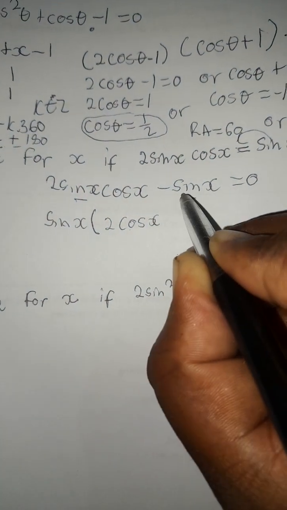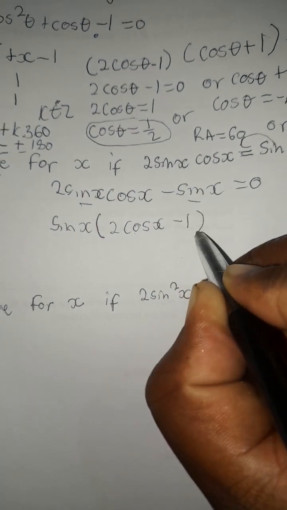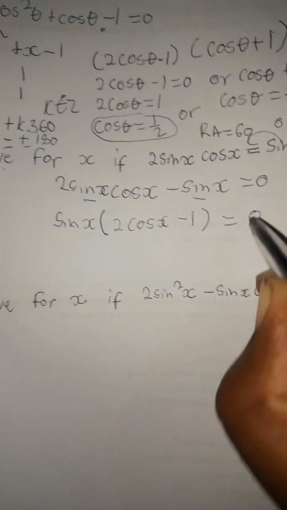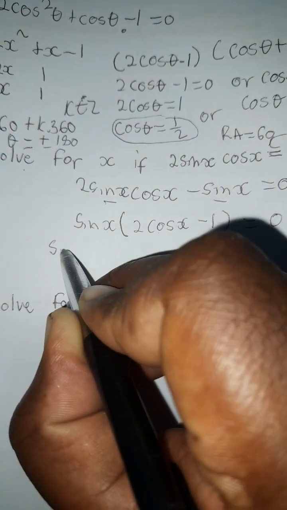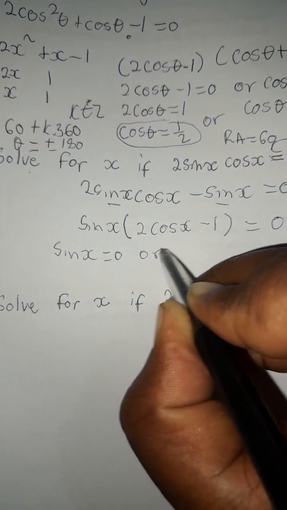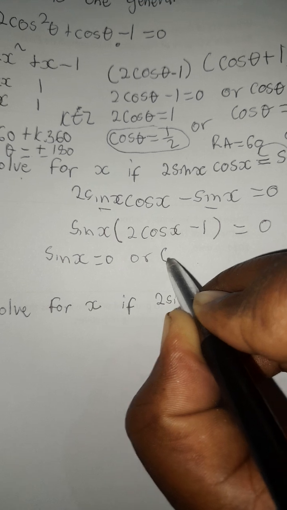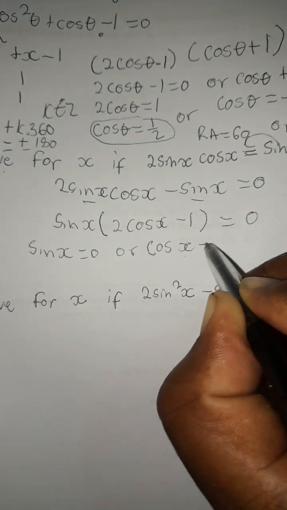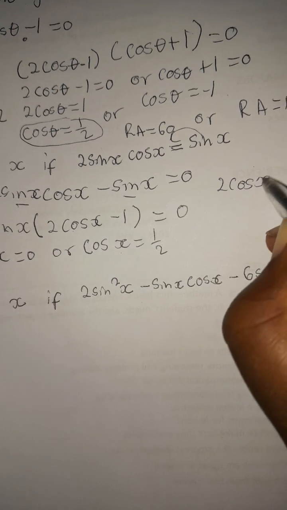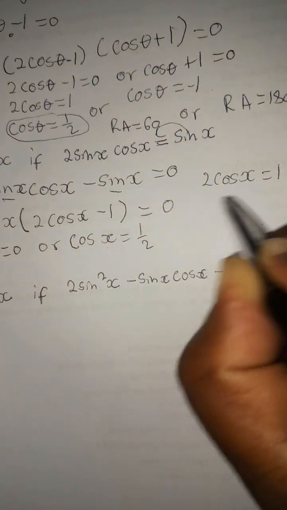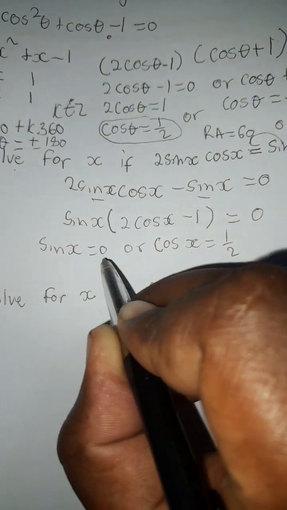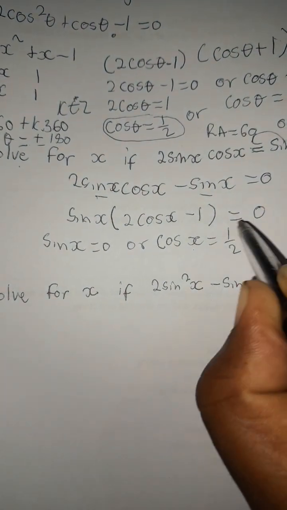For us to get to negative sine x, we need negative 1, because sine x times negative 1 will be negative sine x. Then you equate everything to 0. So you will then say sine x is equal to 0, or cos x is equal to half. How come it becomes half? Remember, when you transpose 1 to the other side, you divide both sides by 2.